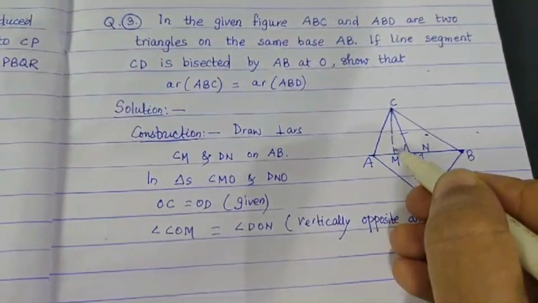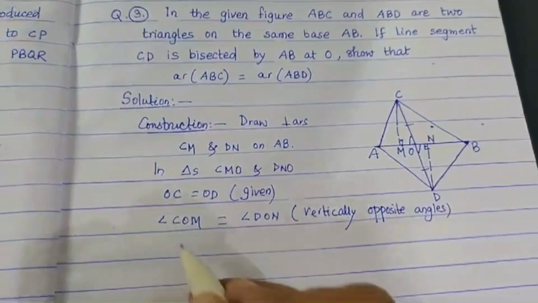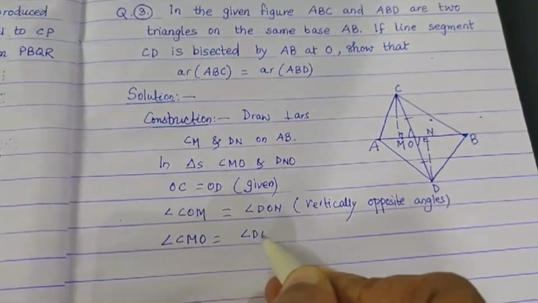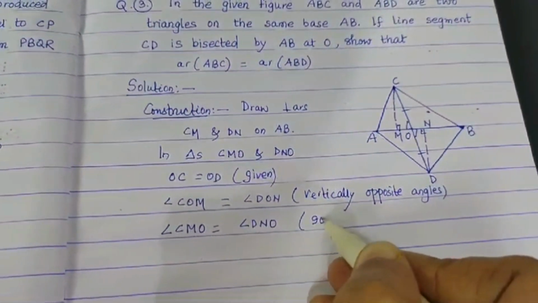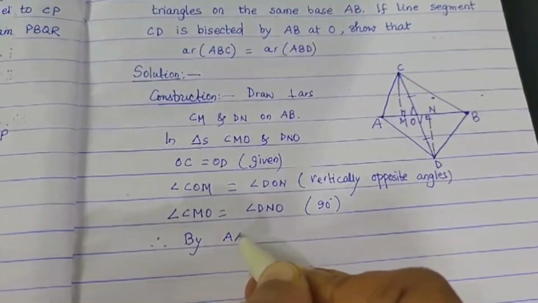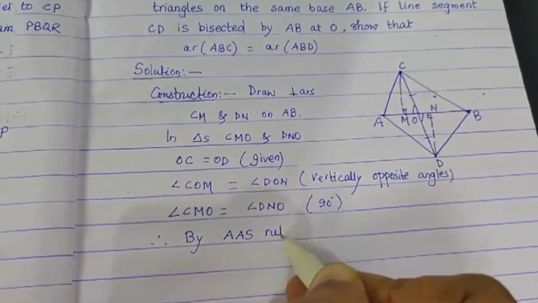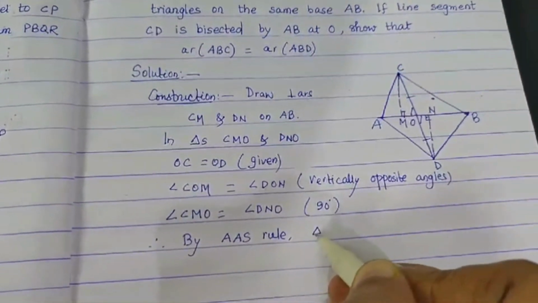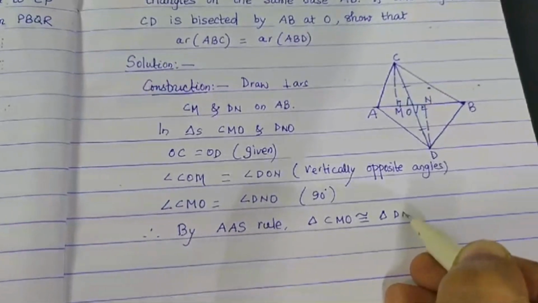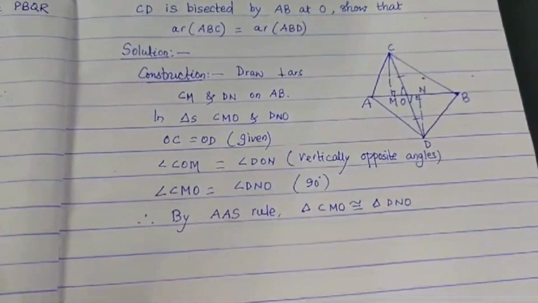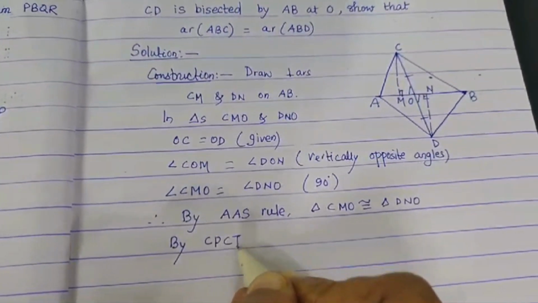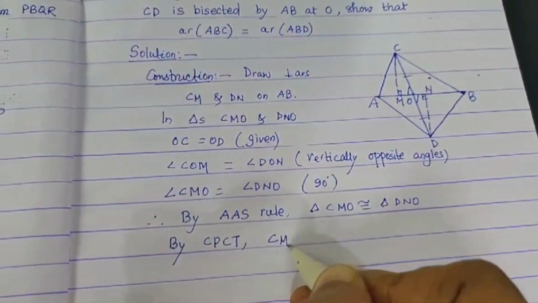And the third one is this 90 degree. Angle CMO is equal to angle DNO, 90 degree. Therefore by AAS rule, triangle CMO is congruent to triangle DNO. And by CPCT, corresponding parts of congruent triangles, we can say that CM is equal to DN.